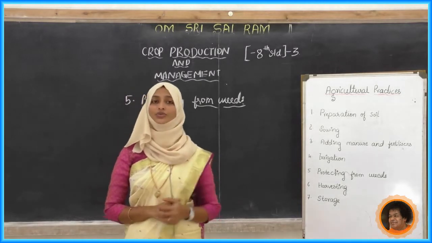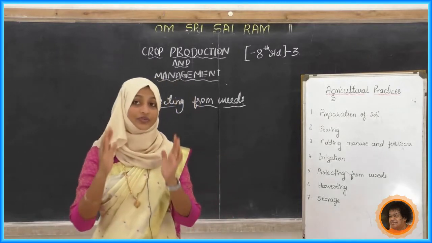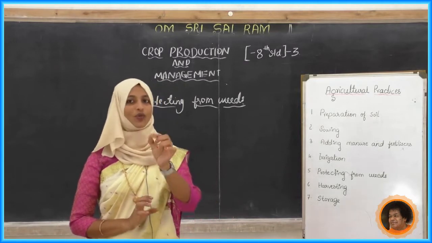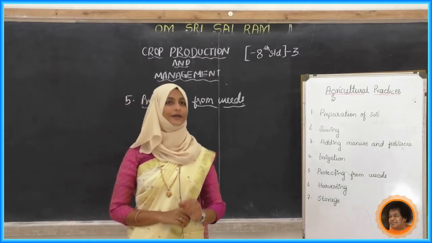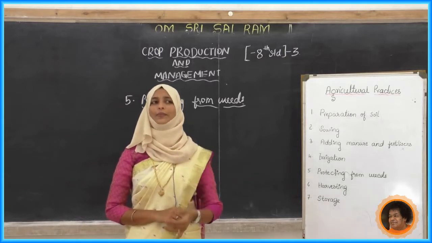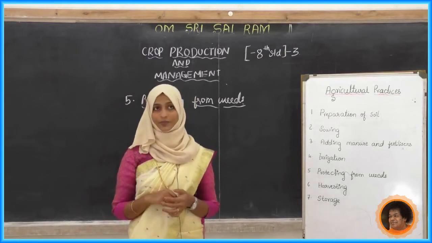So what do we have to do? We have to control the growth of those weeds. So what are weeds? In a field, many other undesirable plants may grow naturally along with the crop.